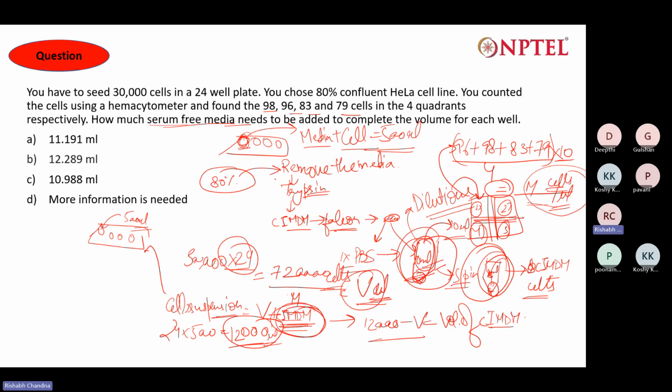After calculating this particular question, we'll get the media as nearly 11.191 ml. So this particular media we have to add in the final cell suspension.